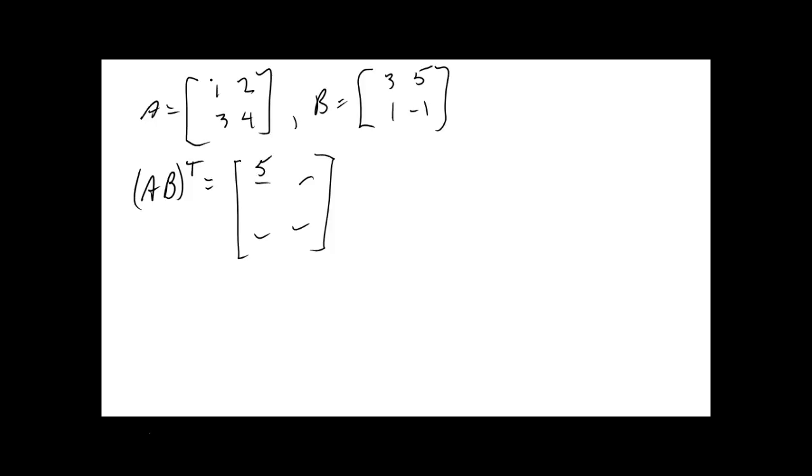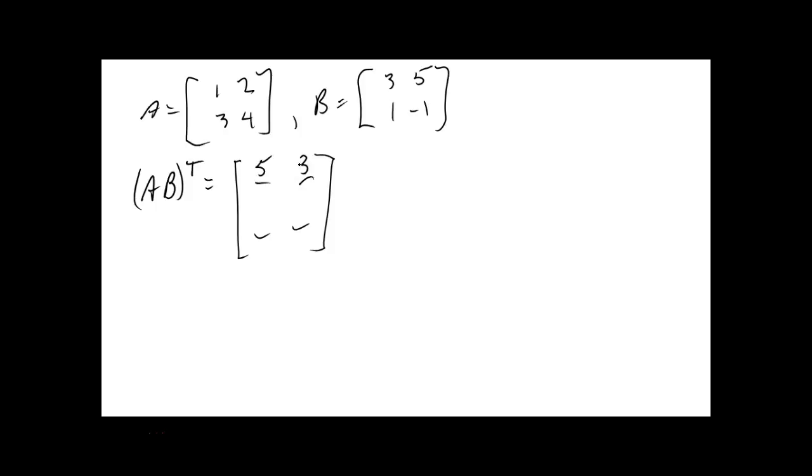You would do 2 and 4 times 3 and 5, right? If you're doing this entry, that's first row by second column. So that would be 3. Is that what you were saying before? Yes, that's a 3.